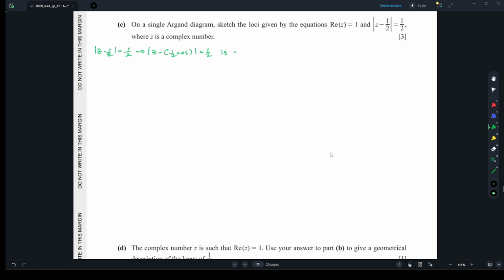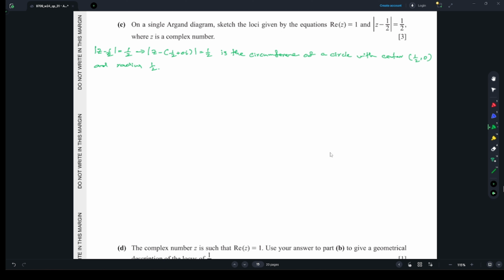So I can write it is the circumference of a circle with center, now I can write, half, comma 0, and radius of half.